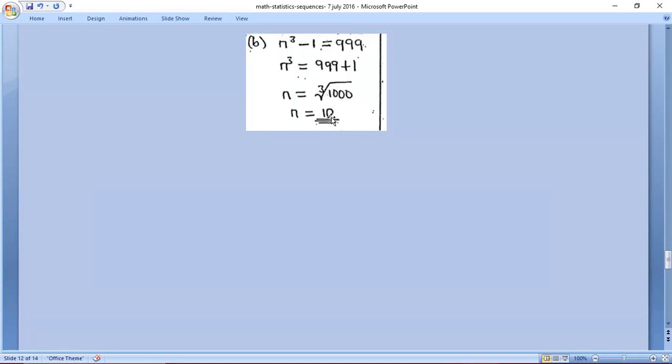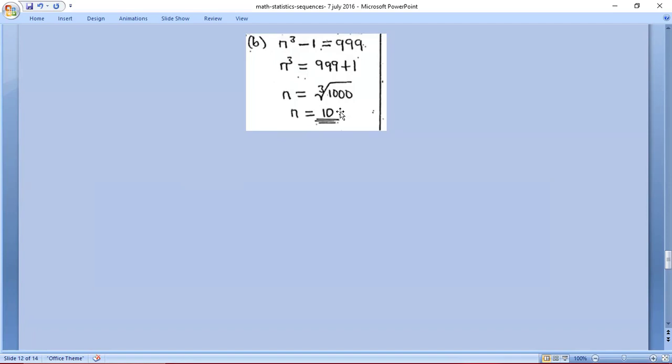If it's negative, it will give you a negative answer. If you say negative 10 times negative 10, it's positive 100, times negative 10 will be negative 1000. So it cannot be negative 10. So it's just positive 10, unless for square roots or for even numbered roots, those are the ones which give you two answers, a positive and a negative.